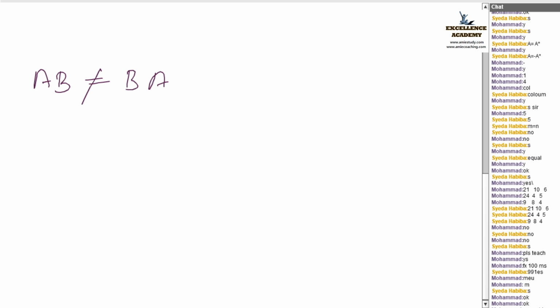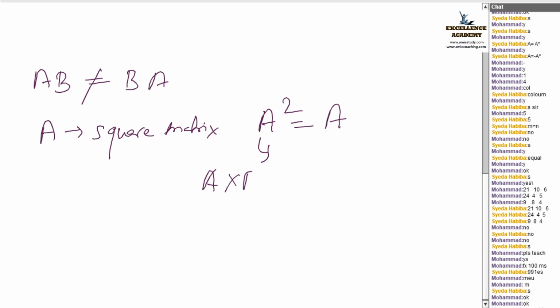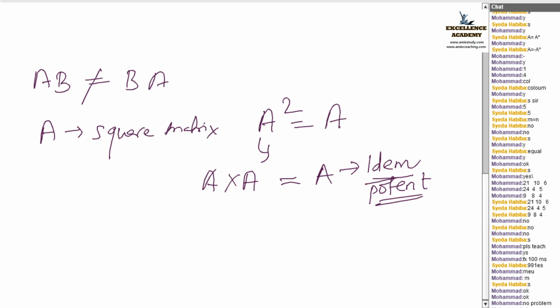AB is not equal to BA. And if A is a square matrix and A square is equal to A, that is, if you multiply A with A and still get A, then you call the matrix idempotent. If A square is equal to A, then the matrix is known as idempotent.